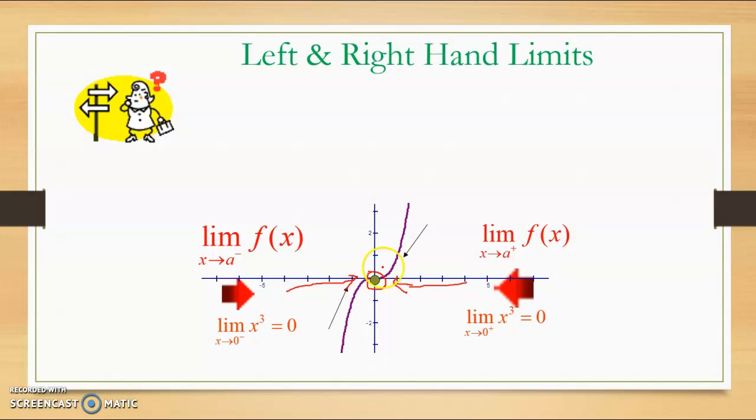Because of that, we can conclude that for the limit of f of x as x goes to just 0, without positive or negative, the value is also equal to 0. That's the easiest way to understand the left and right limit.